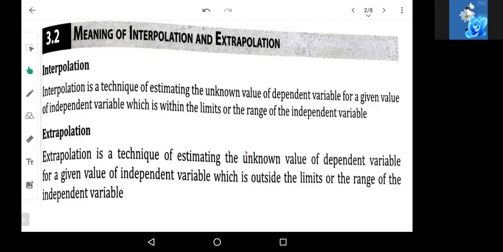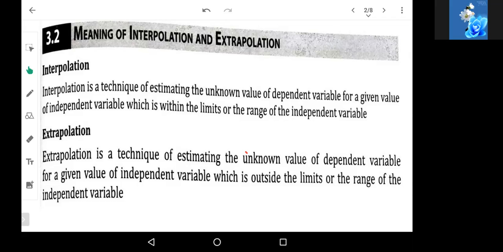Now let us see the extrapolation. We are supposed to use the independent variable, and we will be deriving the dependent variable from that.